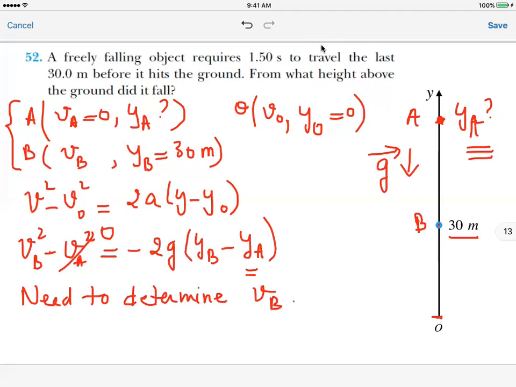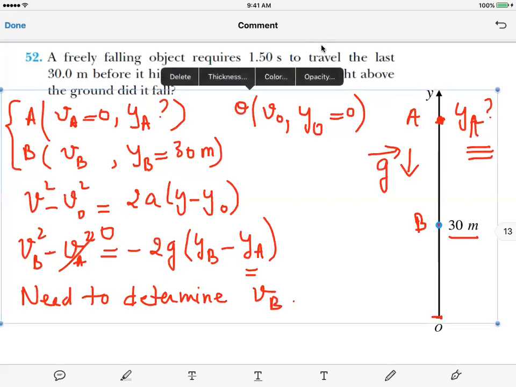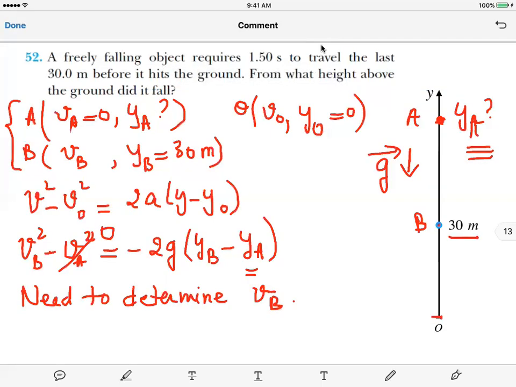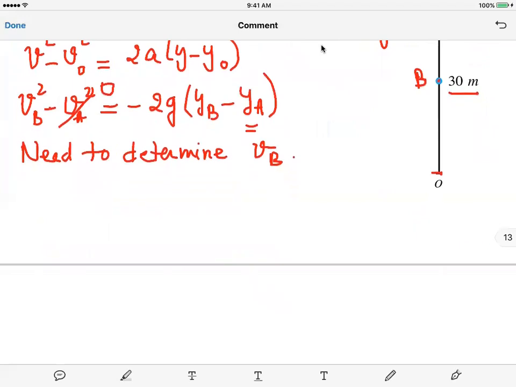How can we determine this? Actually, we know what happens between point O and point B. We know that at some point the object was at point B, which is 30 meters above the ground. It had some velocity vb, which we are looking for, and then it takes this object 1.5 seconds to reach the ground, so it reaches y equals 0 practically. So let's just write down what we know.